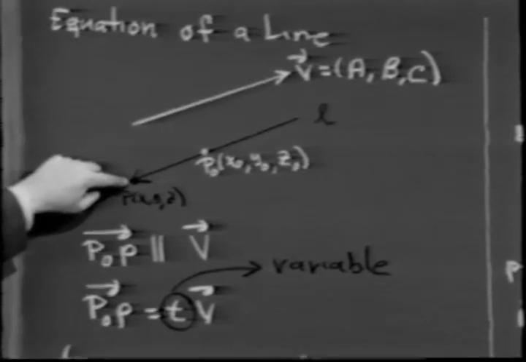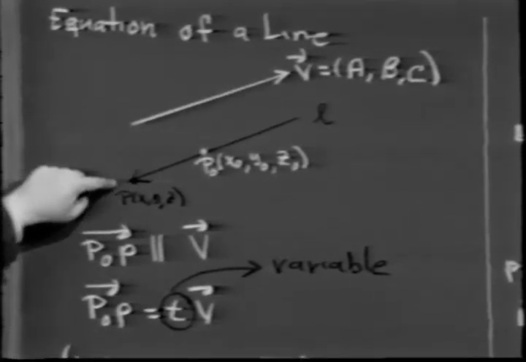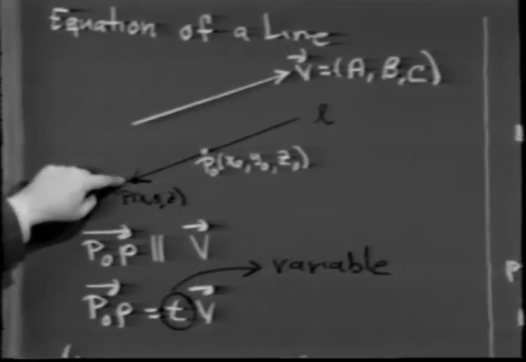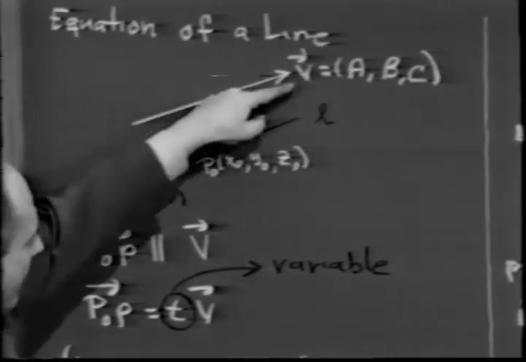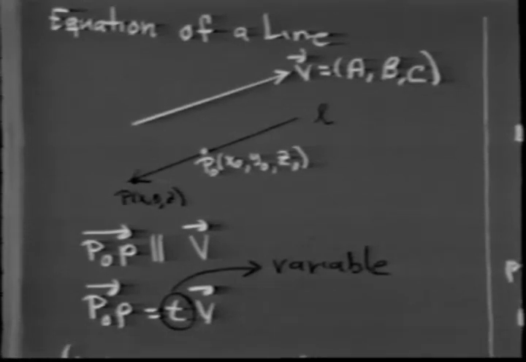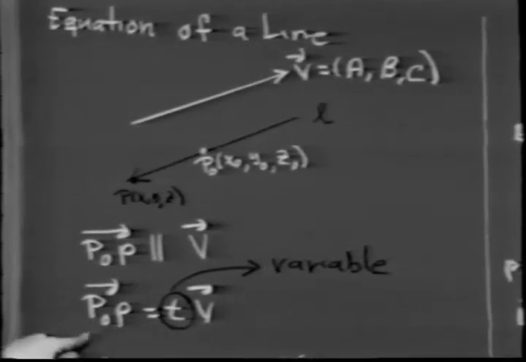And by the way, if I choose P on the wrong side of P0, as I've deliberately done over here, notice that P0P has the opposite sense of v, so that t can even be negative. If it's positive, they have the same sense. But I'm not going to belabor that point. What I'm now going to do is, in Cartesian coordinates, see what this equation tells me.